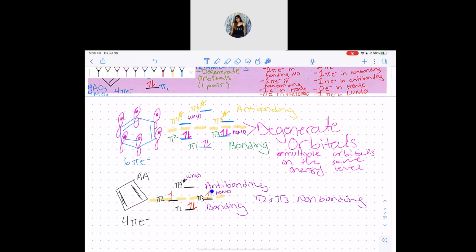So if we have anti-aromatic compounds, the reason they're so unstable is because they have half-filled energy levels, because there's not enough electrons to fill all of those up. Whereas in an aromatic compound, they're both full, and it's really stable.